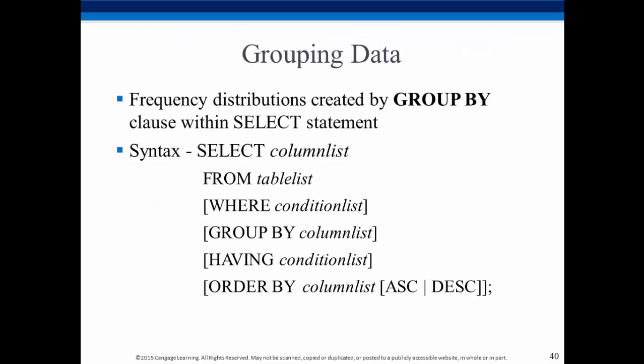Alright, now group by. Rows can be grouped into smaller collections quickly and easily using group by. It's generally used when you have attribute columns combined with aggregate functions in the select statement.